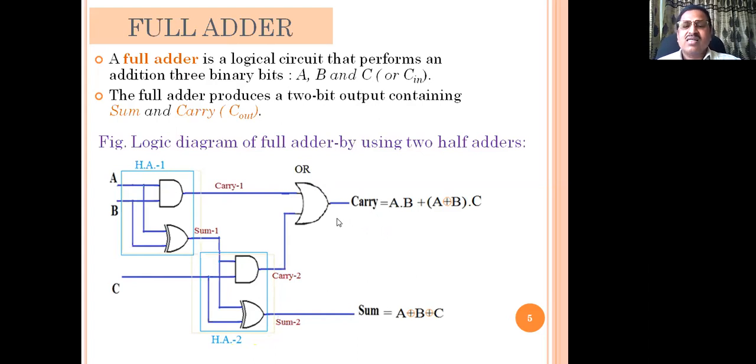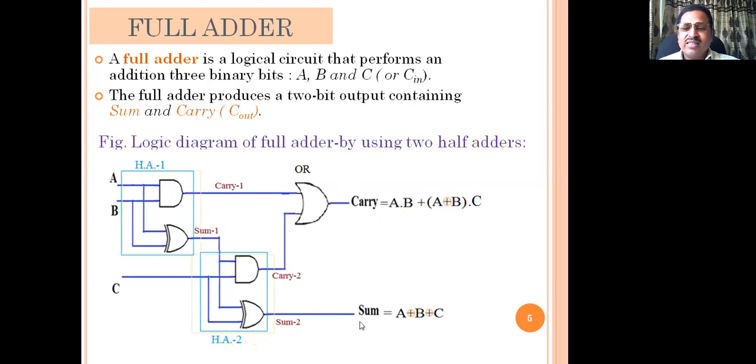If you trace the logic circuit, the output of carry can be here. First A and B. Second, sum is A XOR B and C, in between OR, is the resultant equation for the output of the OR gate as the equation for the carry.